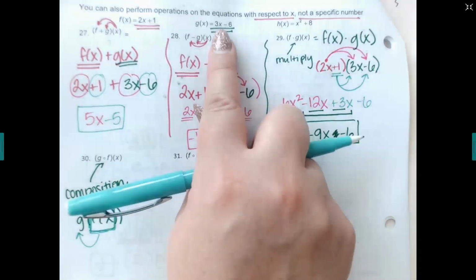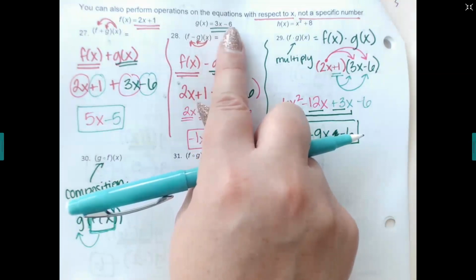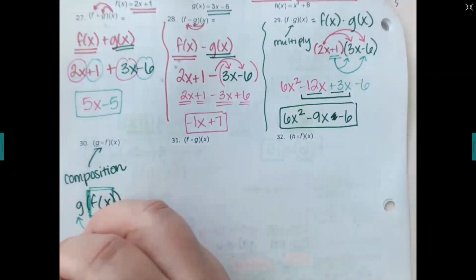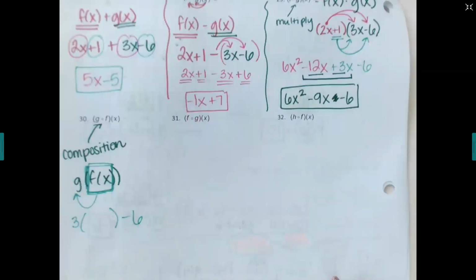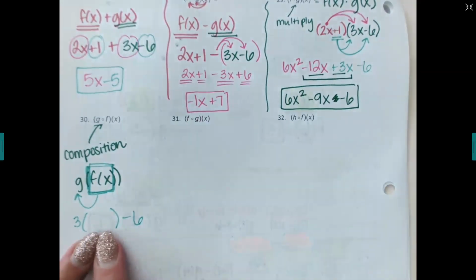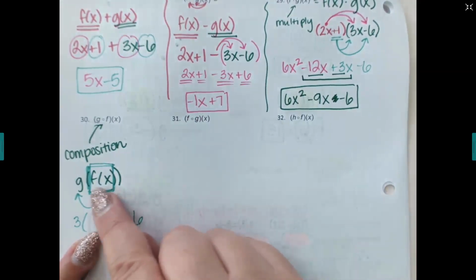So here's what I mean by that. Do you see right here that your G formula is a 3x minus 6? Well, then I'm going to do 3x minus 6. So I'm using the overall framework of function G, but then in this spot where the X was, I'm going to put my F formula.